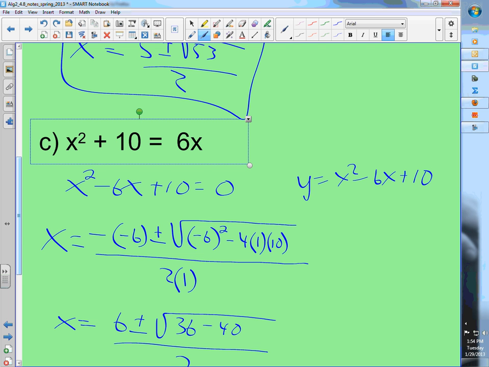It is a parabola. What else can you tell me? Why do you think that? Okay, and that's what I wanted to get at.